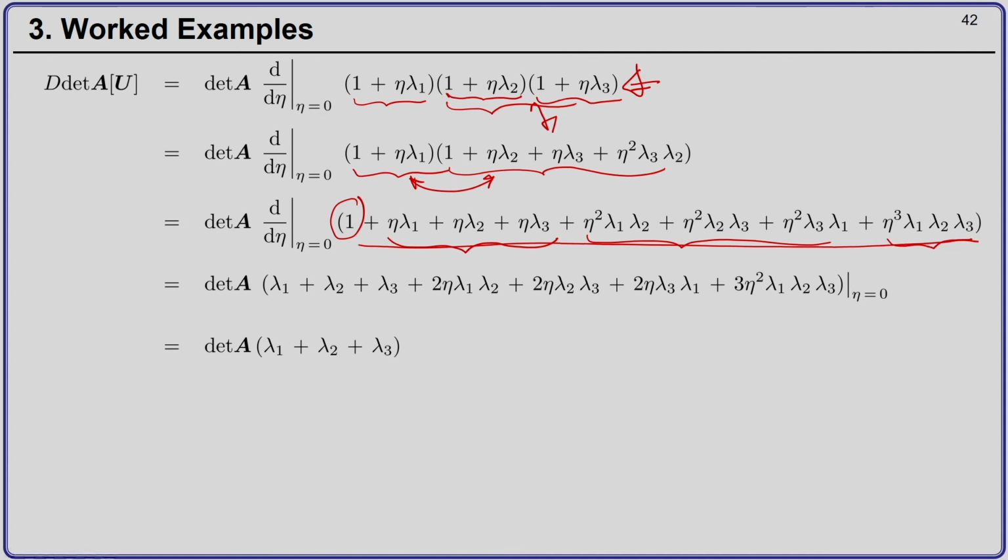Once you have this, the next step is you take the derivative of this quantity in the bracket with respect to eta, and this is what you get.